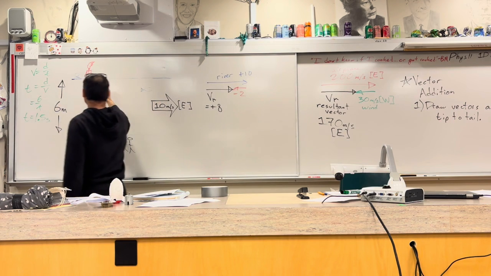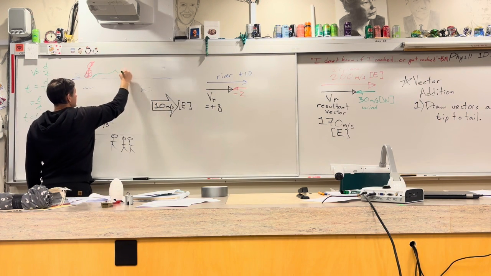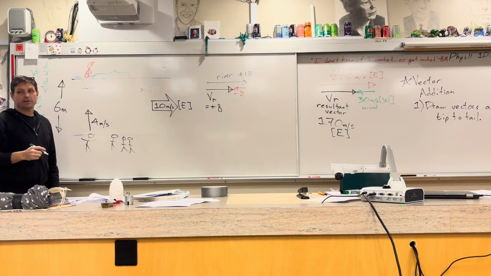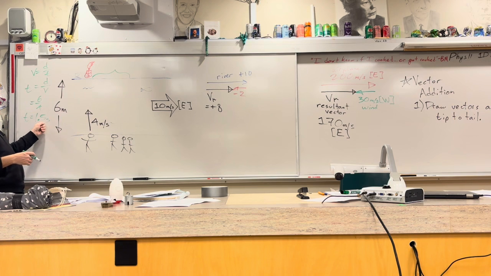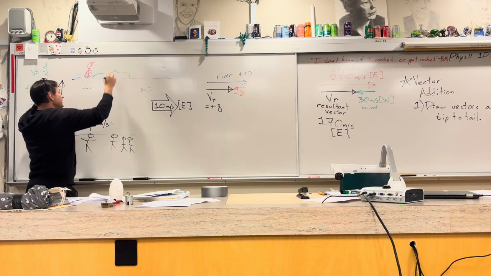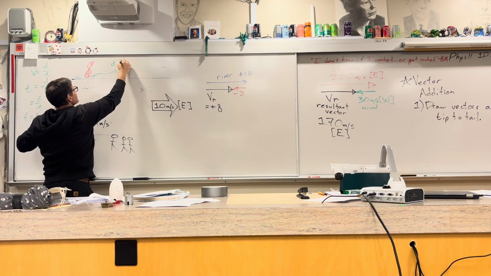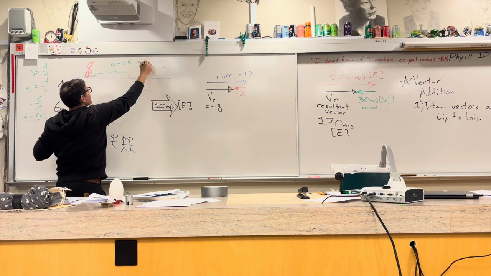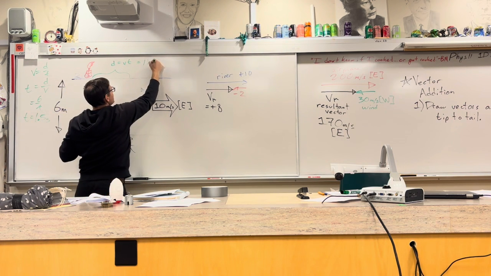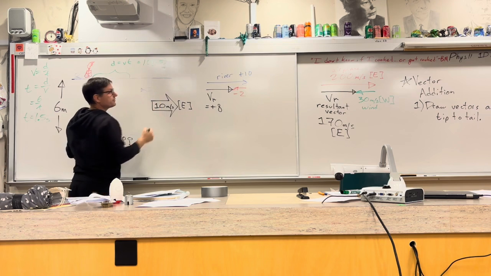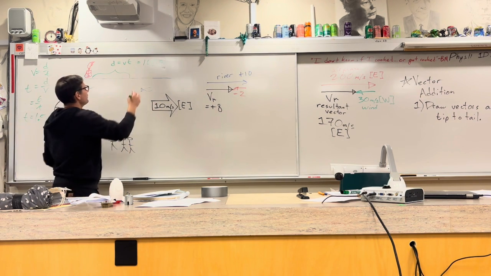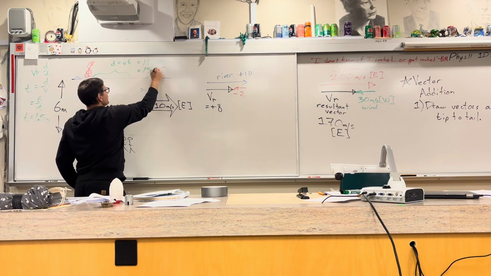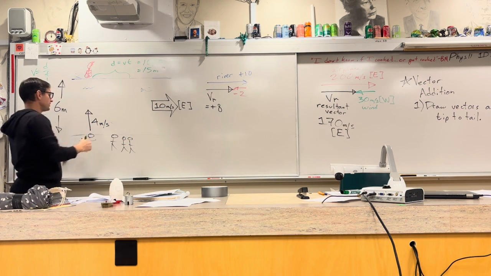So how far down the river does she get before she gets there? 15, because the river's pushing at 10 meters per second and it's pushing for 1.5 seconds. So D equals VT, and that's 10 times 1.5 seconds. So the whole time she's swimming, the river is pushing her that way, and it's going to be 15 meters downstream when she gets to here.